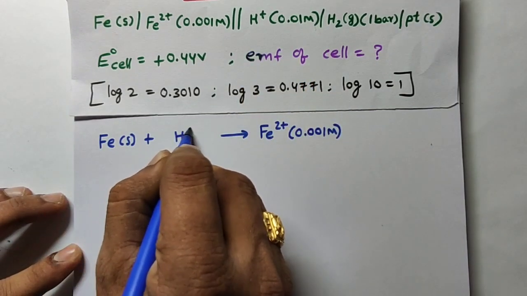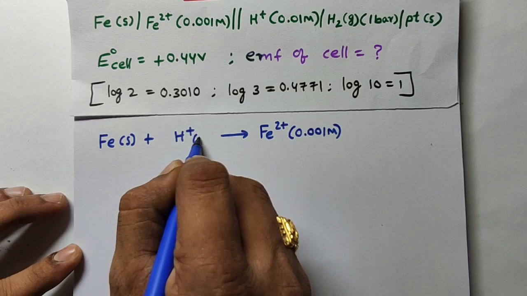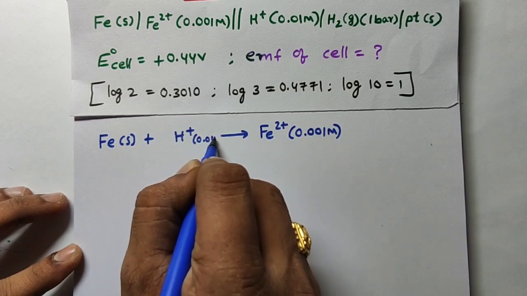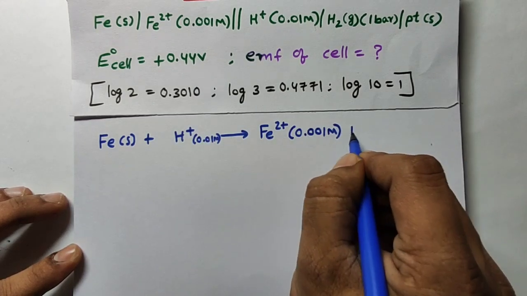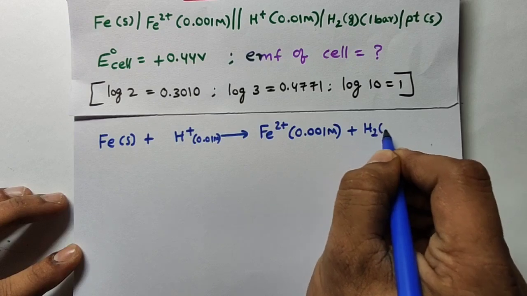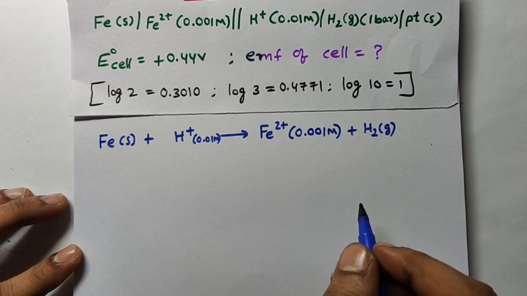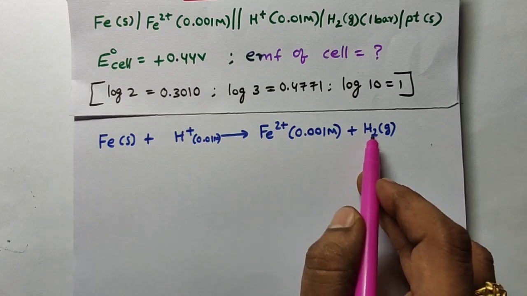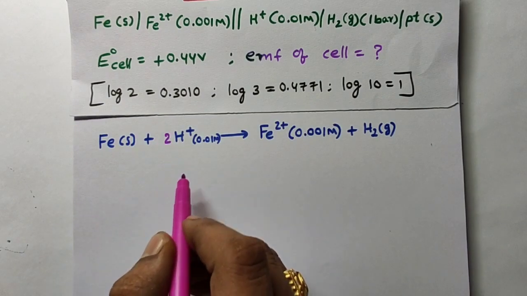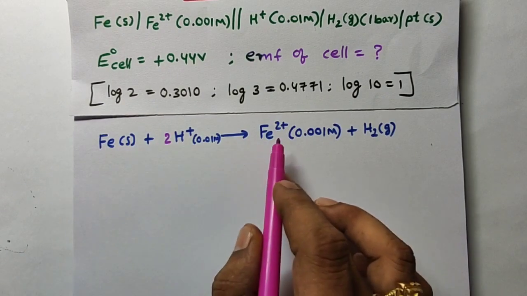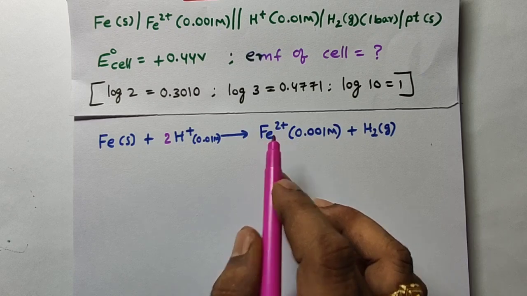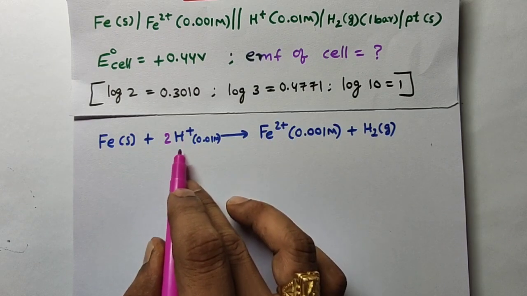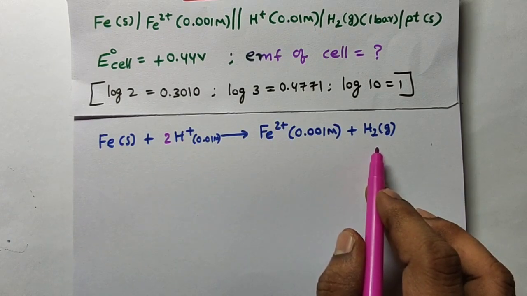H+ concentration 0.01 molar, converted into H2 gas at 1 bar pressure. Remember one thing, here 2 hydrogens are there, so you write 2 here. Iron loses 2 electrons to become Fe2+, and 2 H+ ions gain those 2 electrons to become H2. So n value is 2 here.